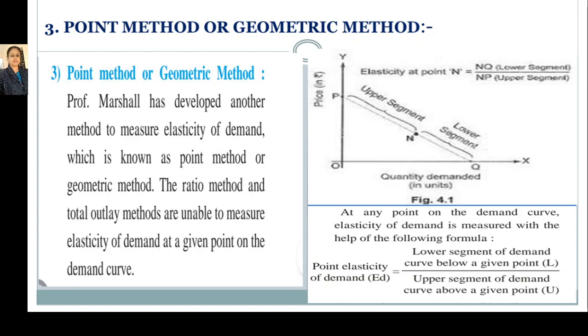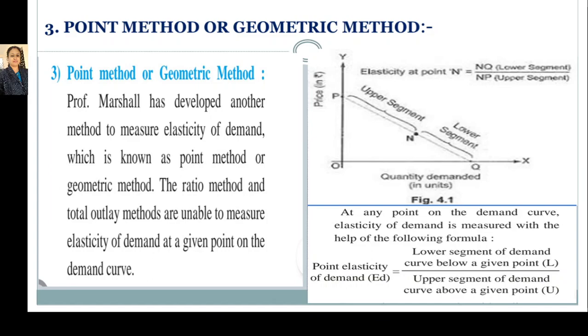Then we can use this point method. Now we can see in the figure that there is a line PQ, that is the demand curve, and the consumer has to find out the elasticity of demand at point N on the demand curve.